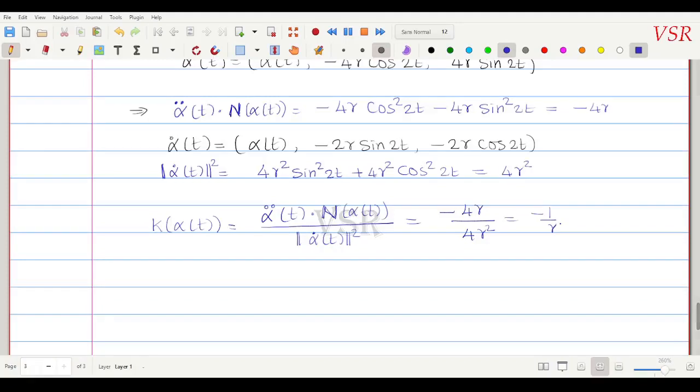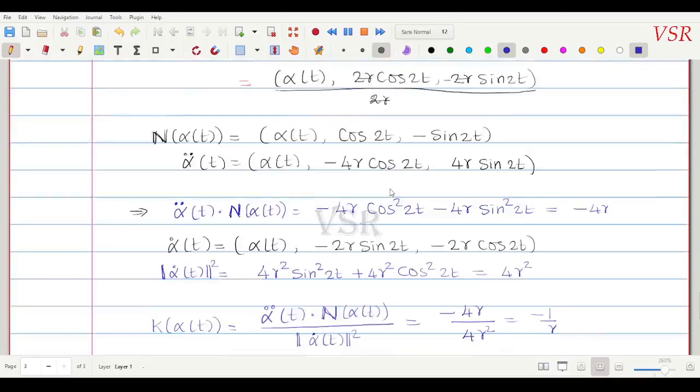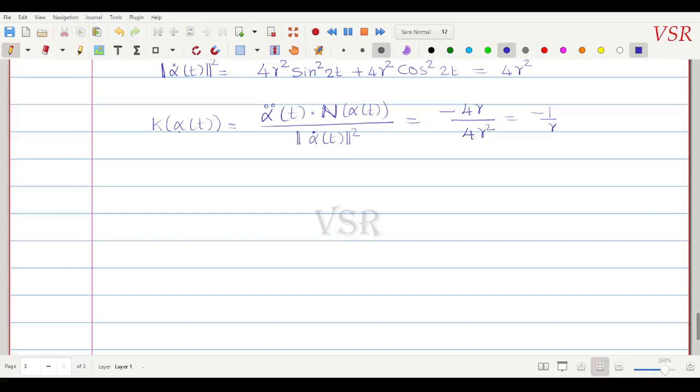And note that in the particular, t வந்து போடல. Of course இந்த alpha பாருங்களேன், alpha எடுத்துக்கோம், this is r cos 2t plus a, minus r sin 2t plus b. இது வந்து it will give the global parameterization of the curve C. ஆனால் நீங்க எந்த பாயிண்ட் கொடுத்தாலும் kappa of alpha of t வந்து minus 1 by r.